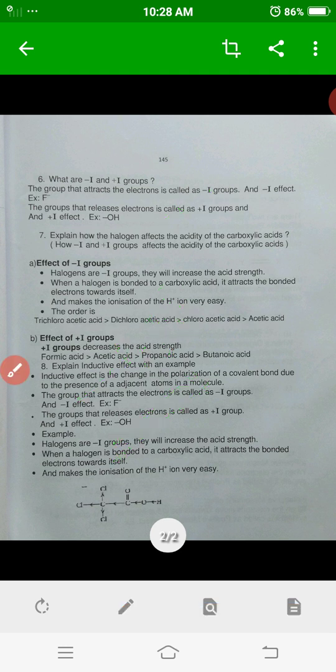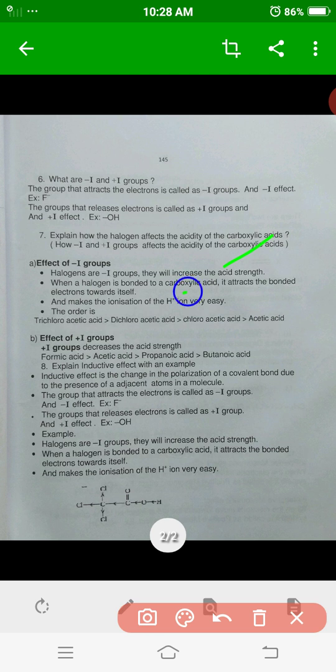Now the effect of halogens on carboxylic acid acidity: the effect of a minus I group increases acid strength. The halogen bonded to the carboxylic acid pulls electrons toward itself, which makes ionization of H plus very easy.